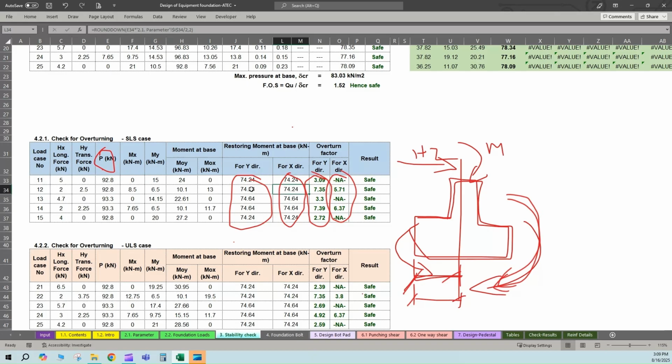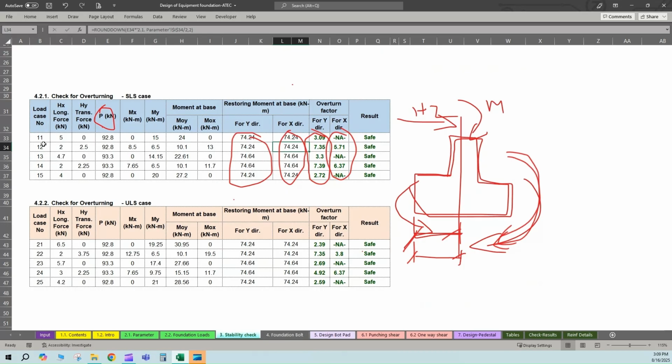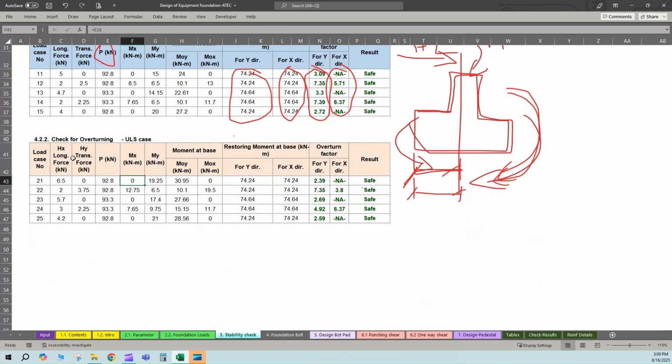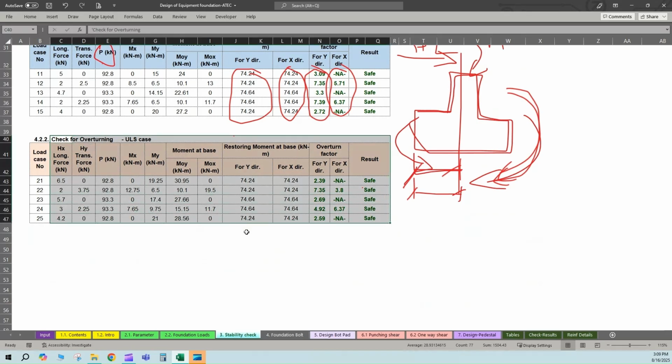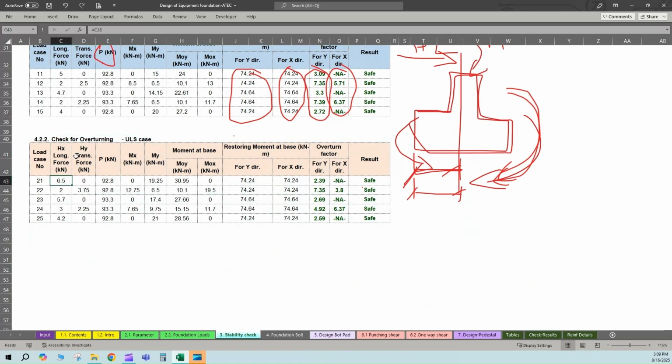This gives the resisting moment. If the resisting moment is less than the actual moment, then it fails or is unstable. That is the main check. The same check is applied for both SLS and ULS cases. This table explains that, and these are all the ULS load combinations.